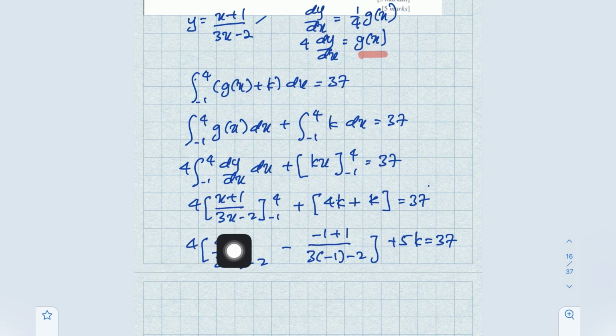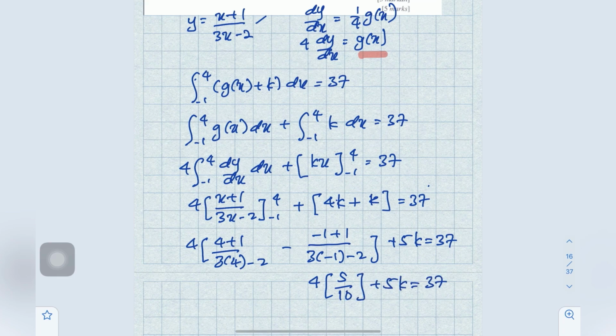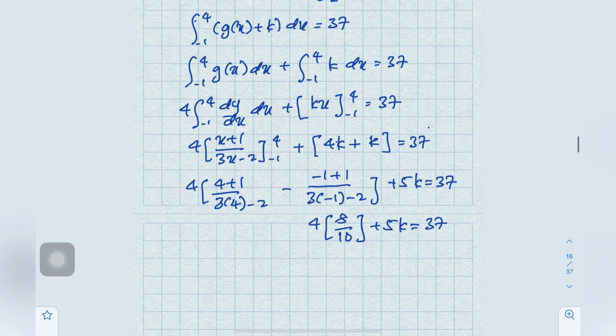Yang ni kita selesaikan lah. 4 tambah 1, 5. Jadi, kita dapat berapa ni? 5 per 3 darab 4, 12, tolak 2, 10. Okay, plus 5k equals 37. Okay, so, ini 2. So, 5k equals 35. So, then k equals 7.